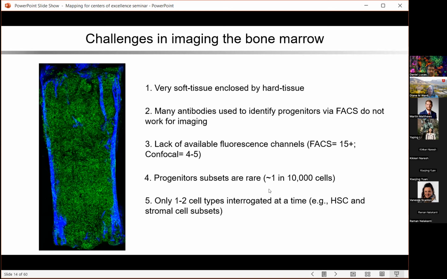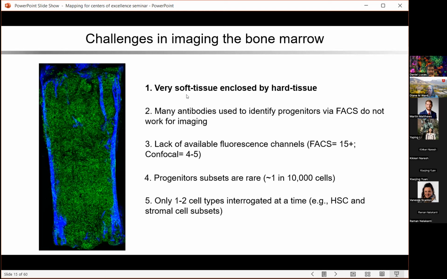This is compounded because progenitors are very rare, approximately 1 in 10,000 cells. So most of these cells are going to be differentiated cells, and you need to find the right progenitor. As a consequence, only 1 or 2 cell types have been interrogated at a time. So, for example, the field has focused on identifying stem cells and interactions with stromal cells like vessels or the perivascular stromal cells that I was talking about earlier.